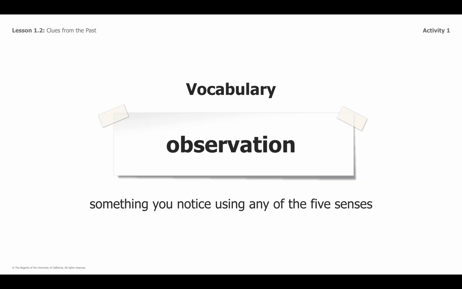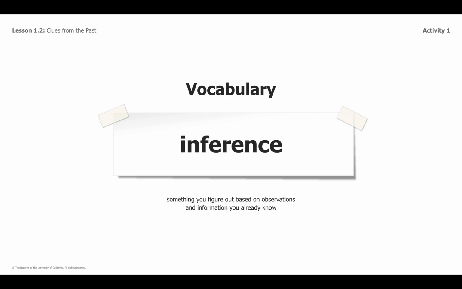So let's go over those two words. The first word is observation, and an observation is something you notice using any of the 5 senses. So I saw that the egg was blue. Maybe if I were there, I could have touched it or smelled it. And an inference is something you figure out based on observations and information you already know.